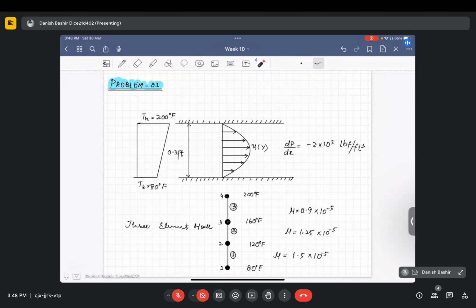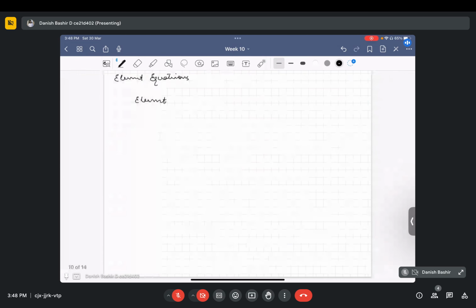And for each one, L is 0.1 feet, since the whole is 0.3 feet.